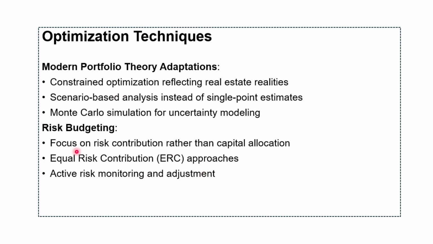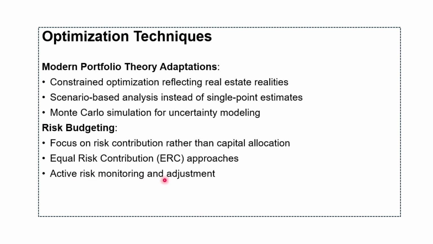So that kind of budgeting question comes in. And then equal risk contribution, which ensures that each investment contributes equally to total portfolio risk, creating more balanced risk exposure across different investments.